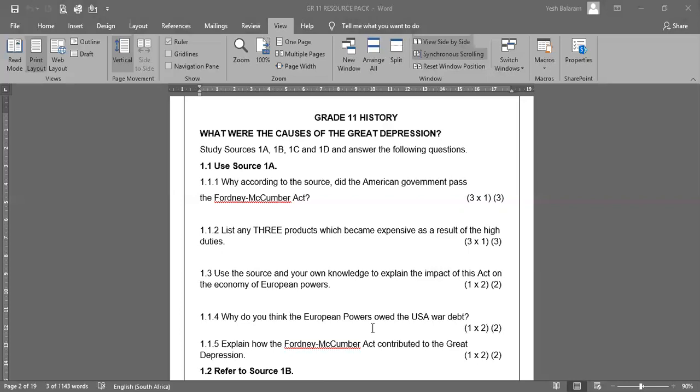They couldn't sell it overseas easily because they were being charged high customs duties. A third reason you could give is that the US farmers and factories were saddled with surplus products which they could not sell. Saddled with means they were overloaded. They had too many extra goods that had been overproduced, and they had no market to sell these goods.